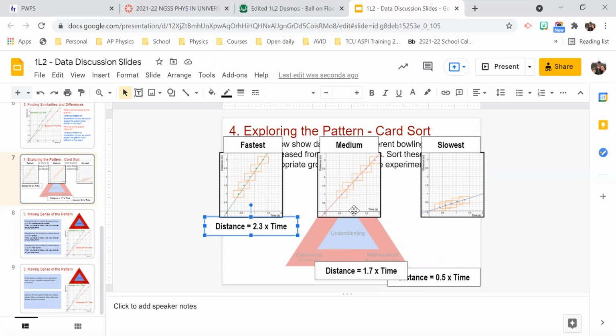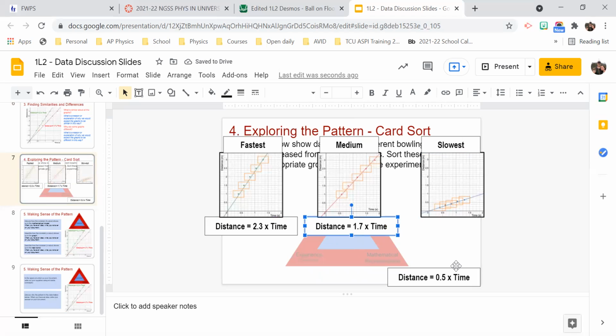When the time is 1, the line crosses between 1.5 and 2, so about 1.7. So 1 times 1.7 would give us a distance of about 1.7. And then for this last one, do that process again.